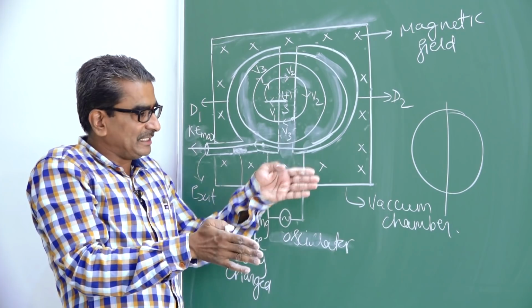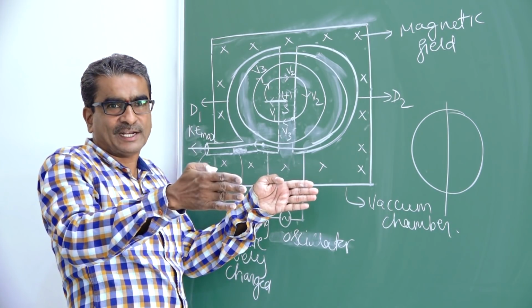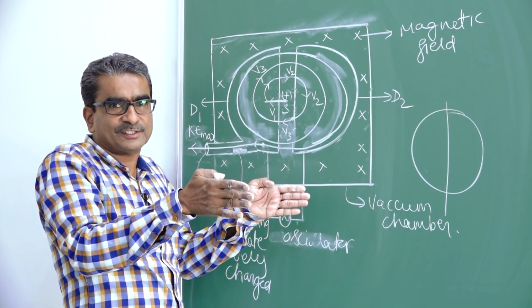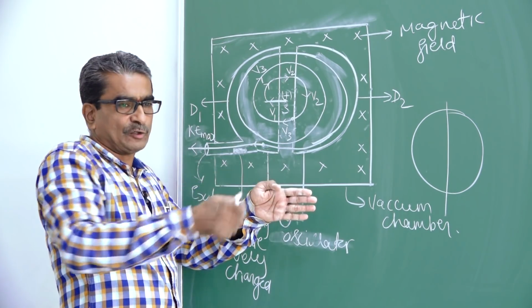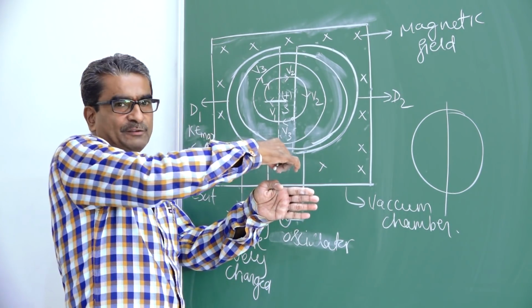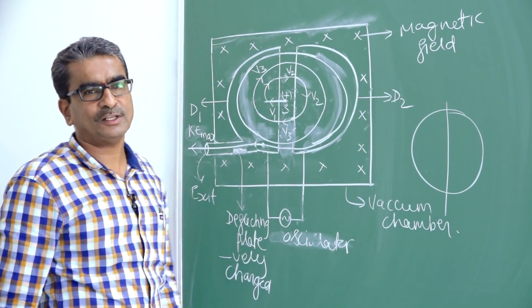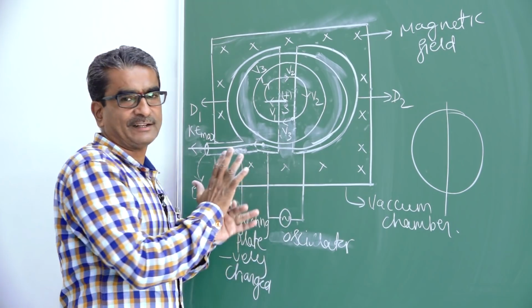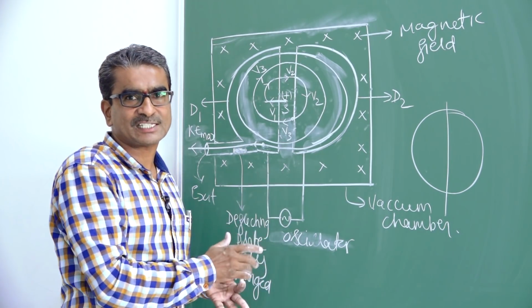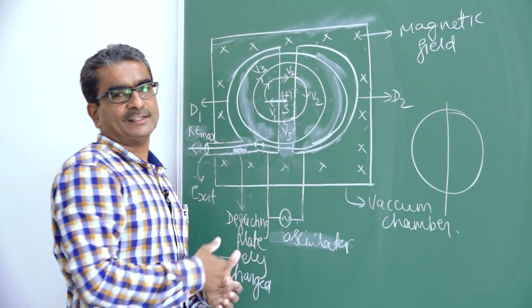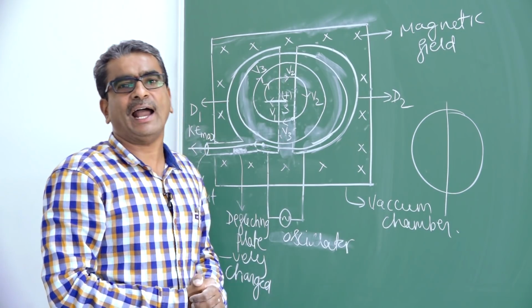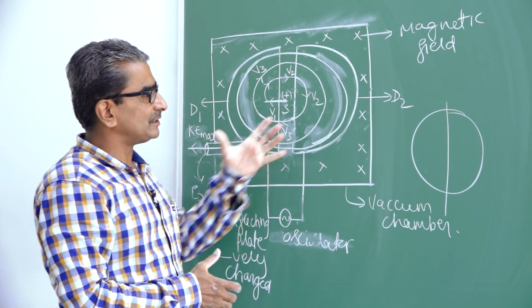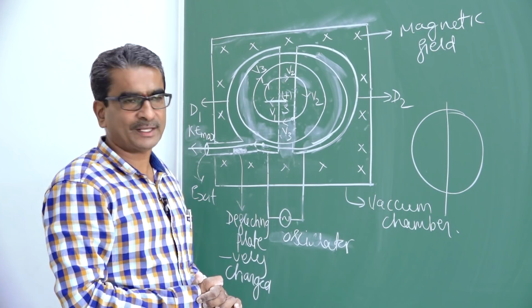This is one electromagnet, another electromagnet, and between them there will be two Ds. If this is the north pole and this is the south pole, the direction of the magnetic field will be from north pole to south pole. So this is how we apply the magnetic field. Magnetic and electric fields are mutually perpendicular. That means in the crossed field, we are making the ion accelerate. So this is one point which we have to remember.